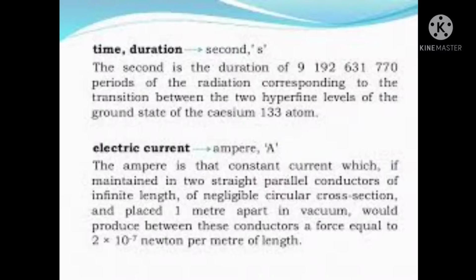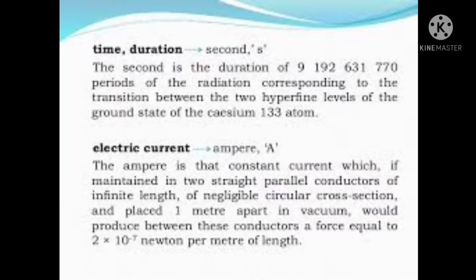Next is time. The base unit of time is second. A second is defined as the duration of 9,192,770 periods of the radiation corresponding to the transition between two hyperfine levels of the ground state of the cesium-133 atom.